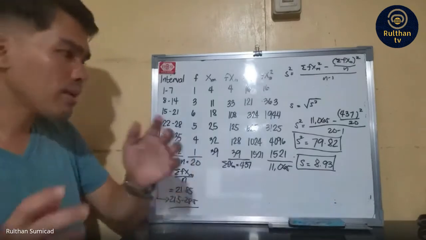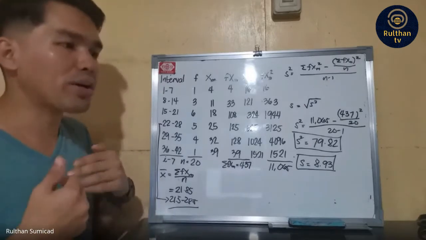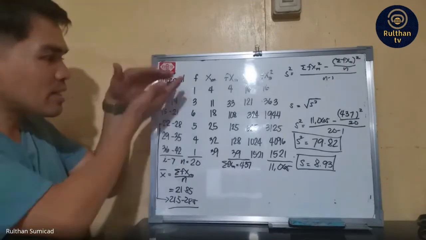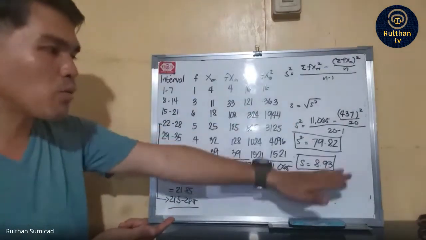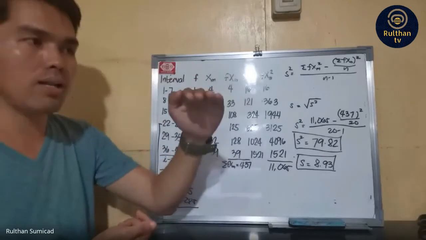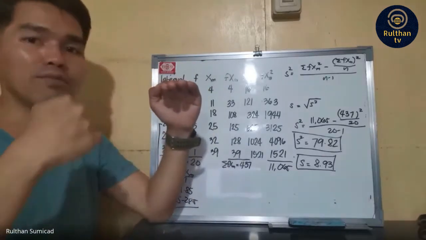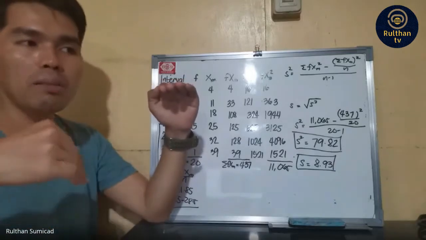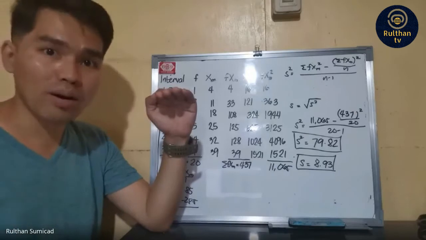Again, I'll repeat how we're going to interpret it. In your distribution, we have the mean and we have the standard deviation. As you locate the center of your distribution, which is the mean, each of the scores around the mean will be converted into a z-score value.